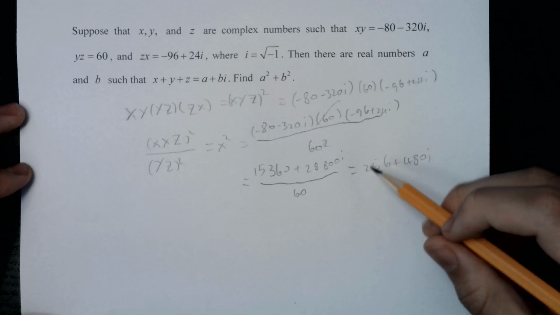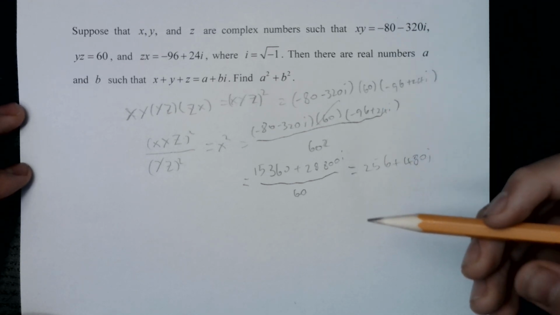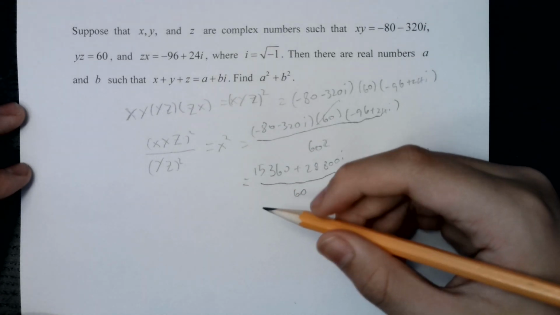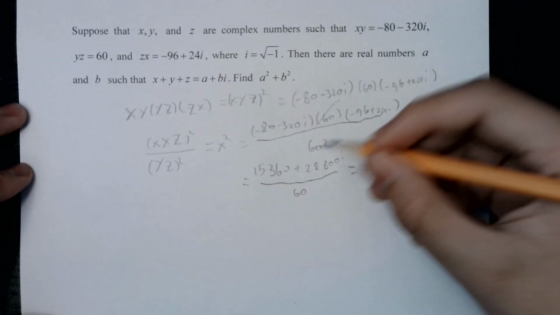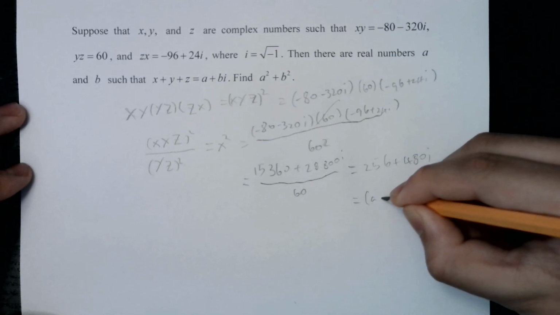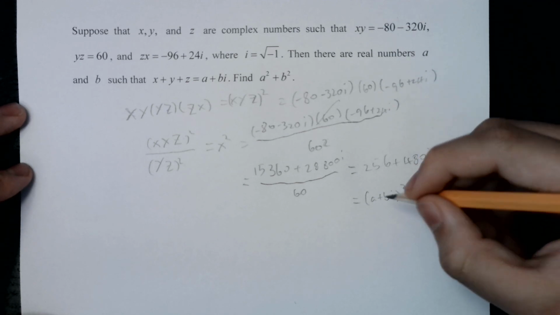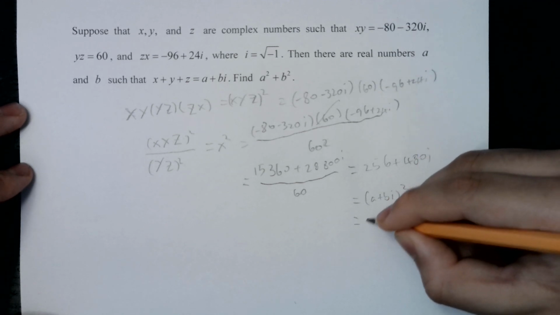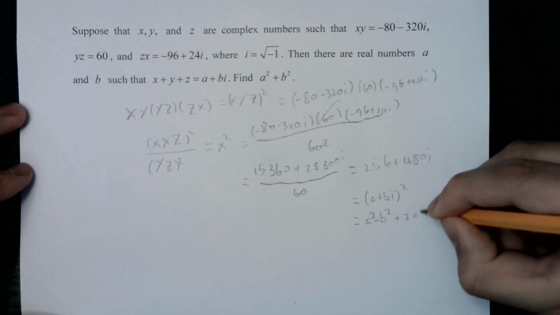However, all of these numbers are going to be written in the form of a plus bi, which means that since we know this is x squared, this is also going to be equal to (a plus bi) squared, which is going to further be simplified into a squared minus b squared plus 2abi.